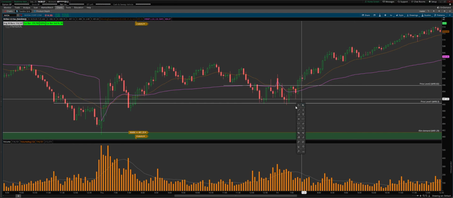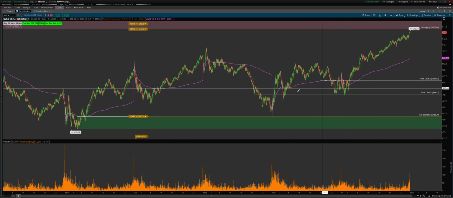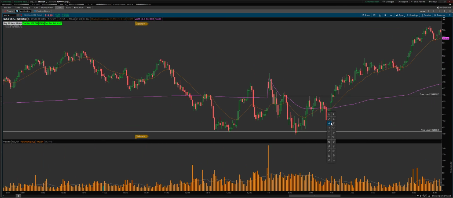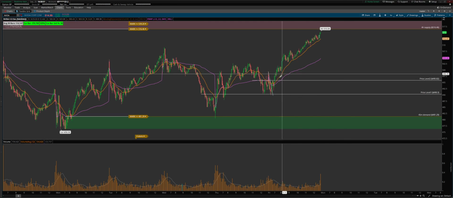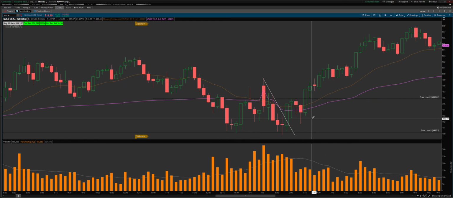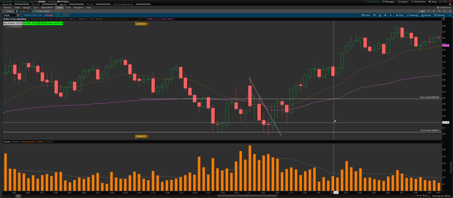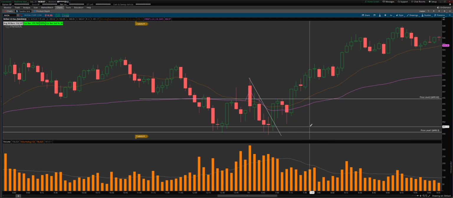So in that case, with the 1 minute, let's draw this trend line. We get this break here, right? So now this is the first demand zone that forms.